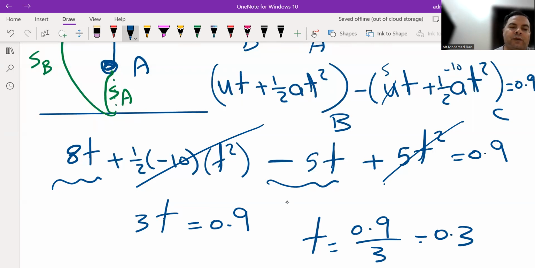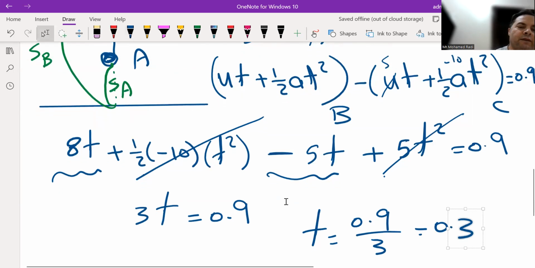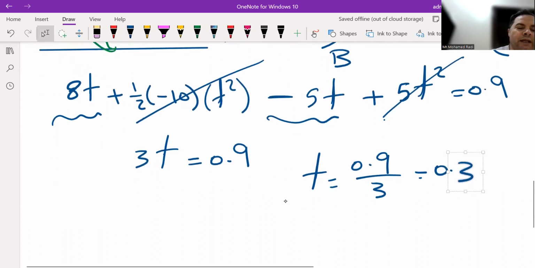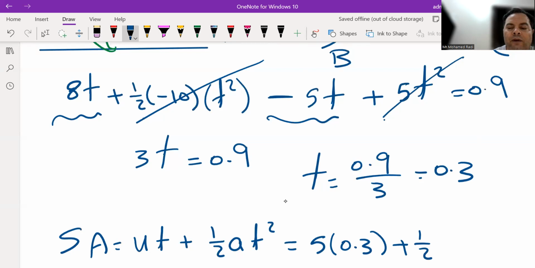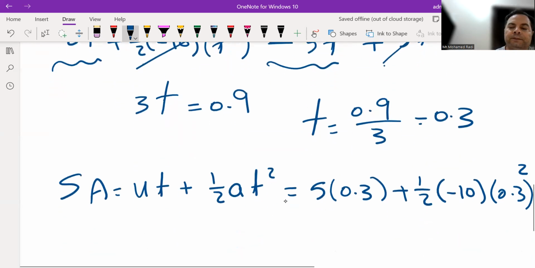But he asked to get what? The distance of A from the ground. So he asked to get SA, ut plus half of at squared. So the initial velocity of particle A is 5 times 0.3 plus half of -10 times 0.3 the whole squared.